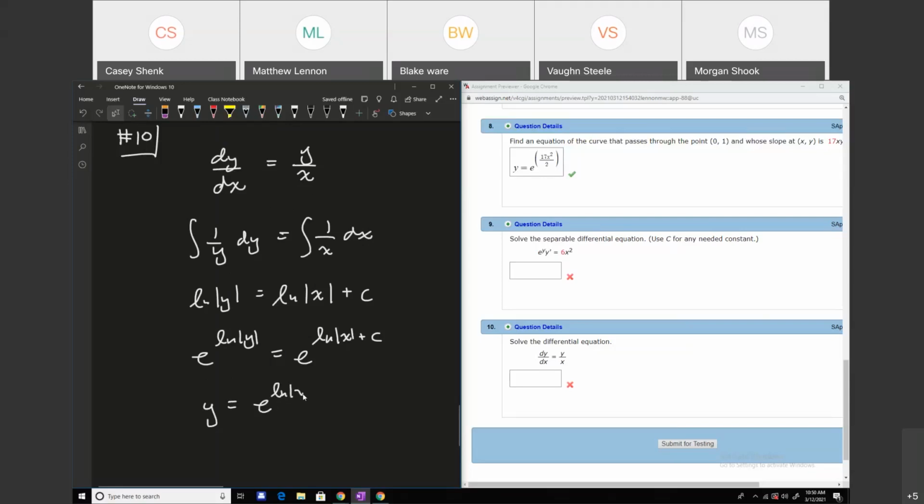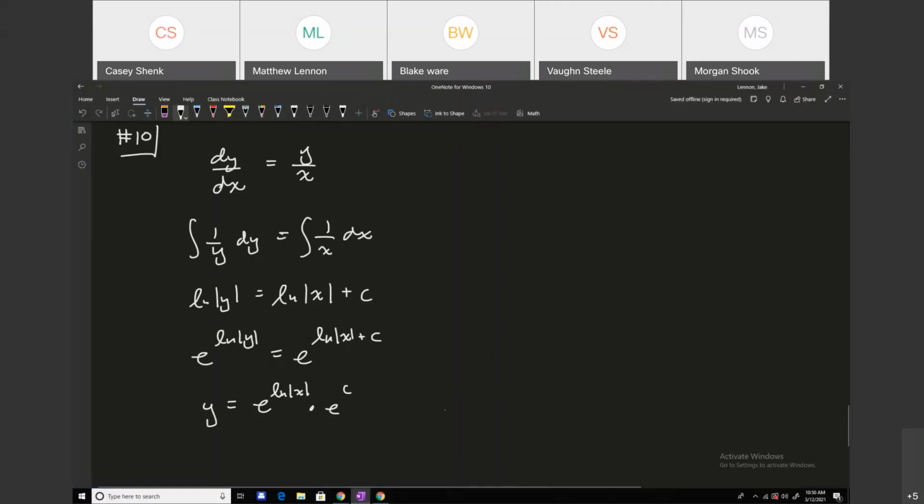e to the natural log of the absolute value of x times e to the c. So just remember, what am I doing there? I'm basically just using the fact that e to the a times e to the b is equal to e to the a plus b.